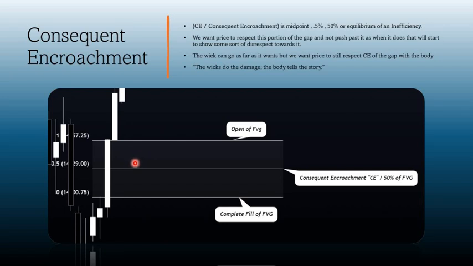So if it's a BISI, we want price to have a body close above consequent encroachment. The wicks can go as far as Neverland that it wants to, okay? But we want the bodies to close above or at consequent encroachment. Once it starts to close below it, we can start to expect disrespect of this gap.